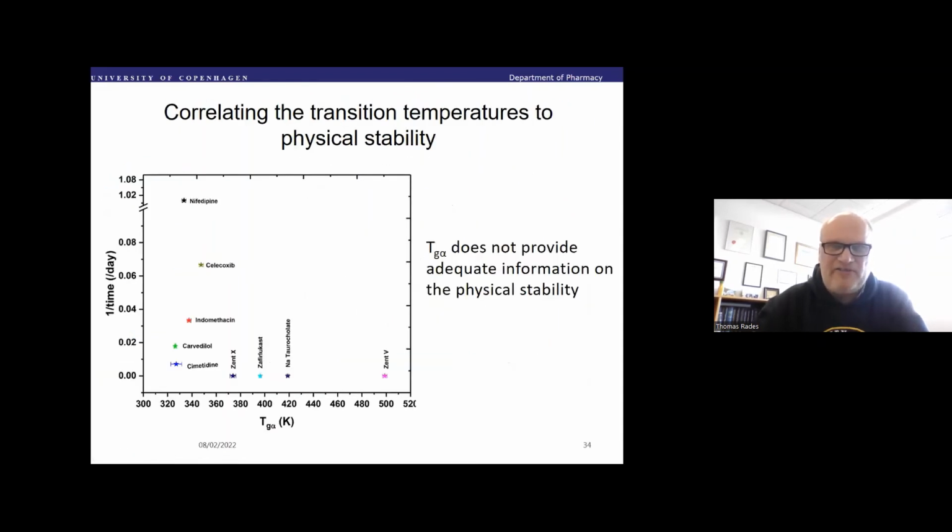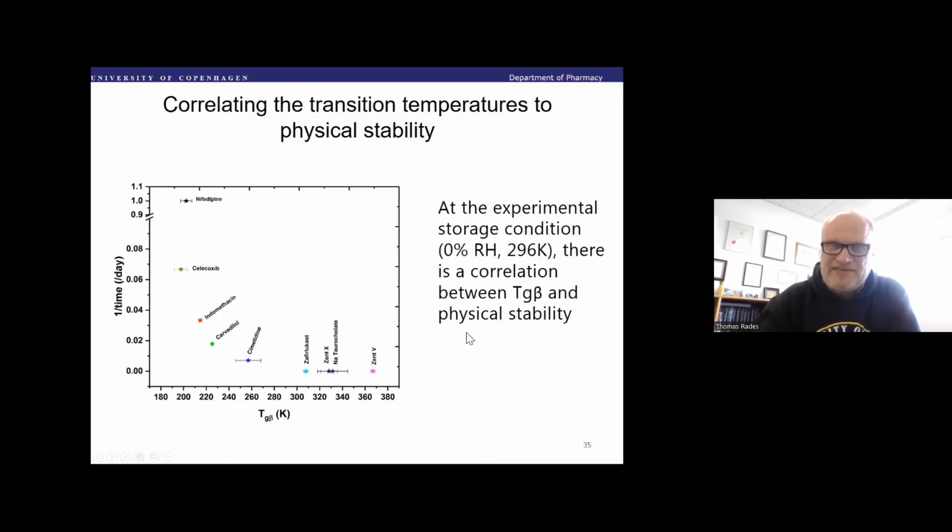So again, we were thinking, can we correlate the beta relaxation with amorphous stability? Here again, the glass transition temperature is not very useful, because we have many drugs that have about the same glass transition temperature but very different stabilities. And then we have drugs with very similar stabilities but very different glass transition temperatures. So the Tg alpha, as we call the glass transition temperature, does not provide adequate information on physical stability.